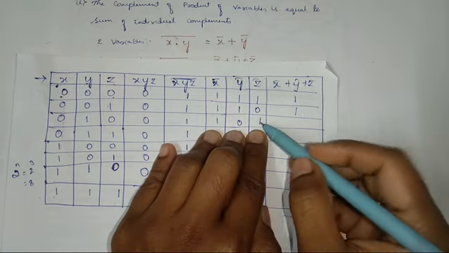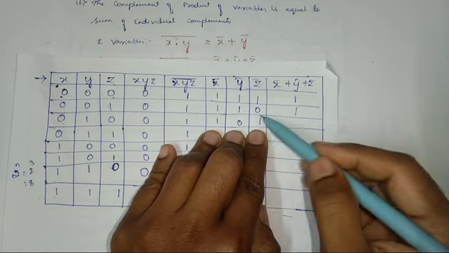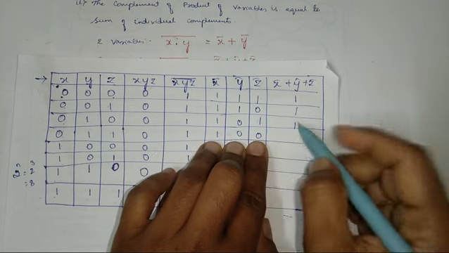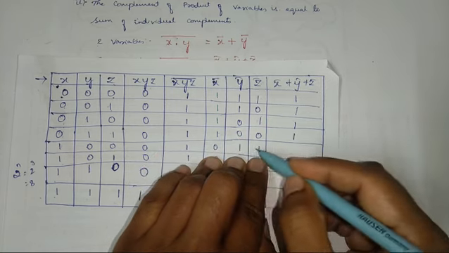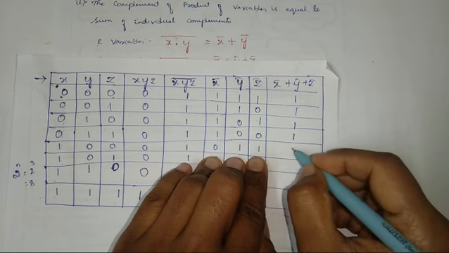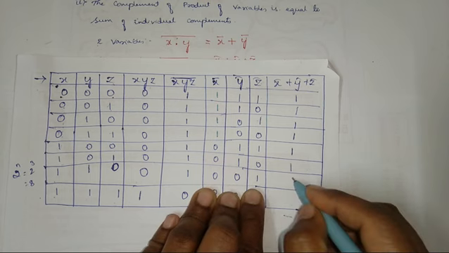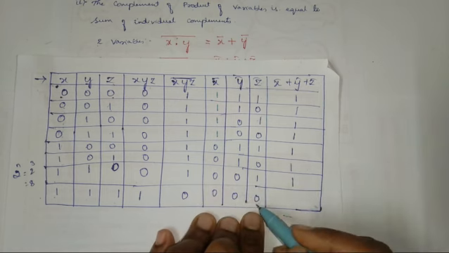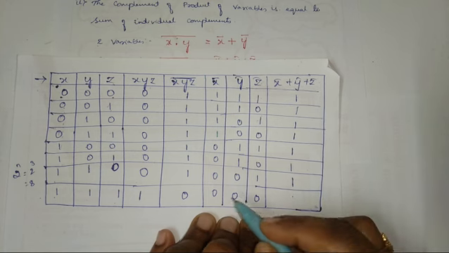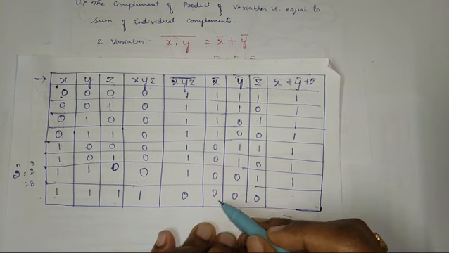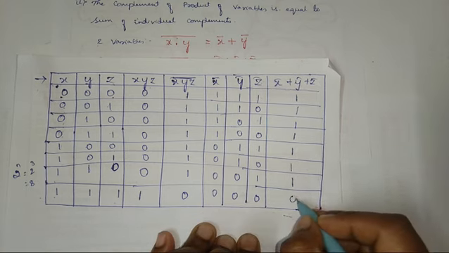At least one input is 1, both are 1, so write 1. At least 1, so 2 inputs are 1 here, write directly 1. See here, no input is 1, so x bar plus y bar plus z bar is 0 plus 0 plus 0 is 0.